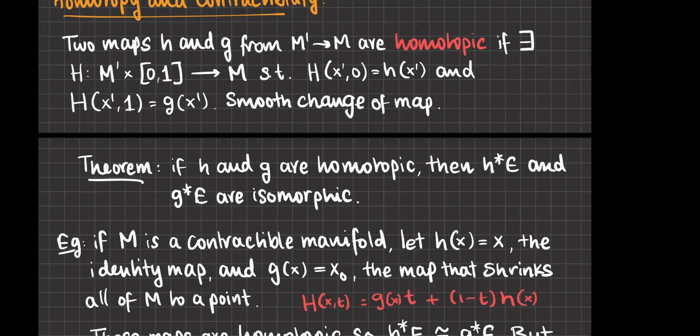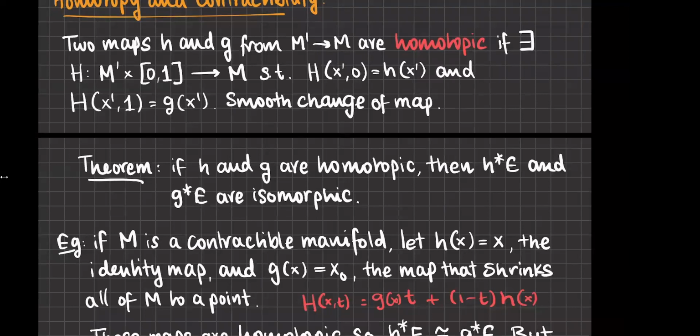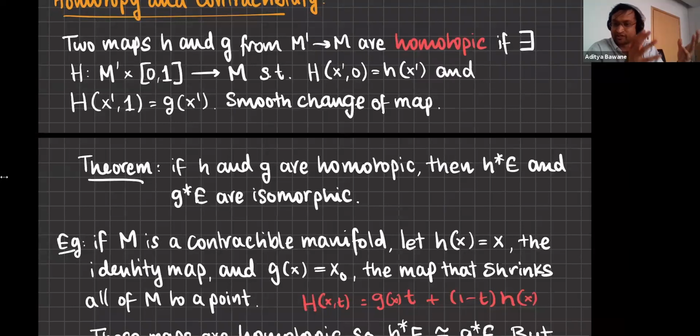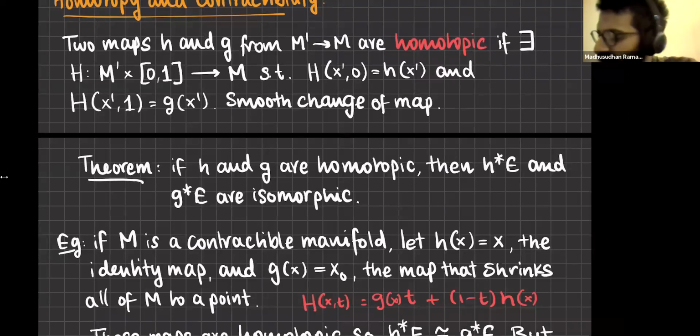Then how do you define smoothness in terms of small t, which is just another parameter, since this H is basically defined on M prime cross [0, 1]? On that full space, it's a function that is smooth. Agree. Okay, perfect. It's good. We cleared that up.